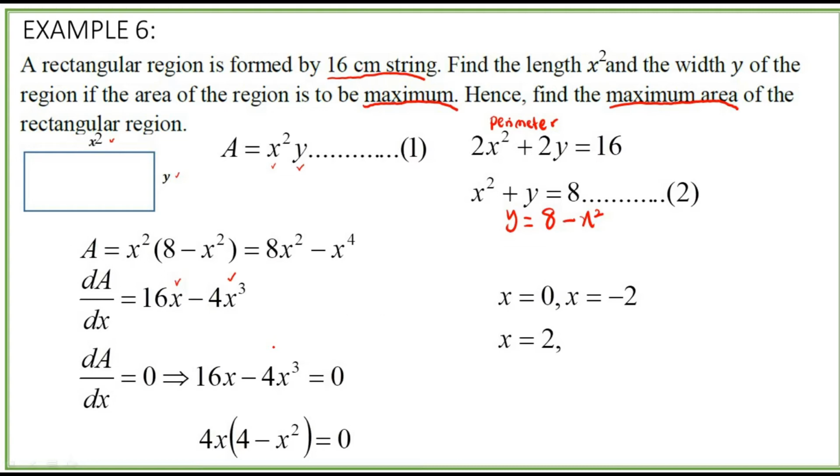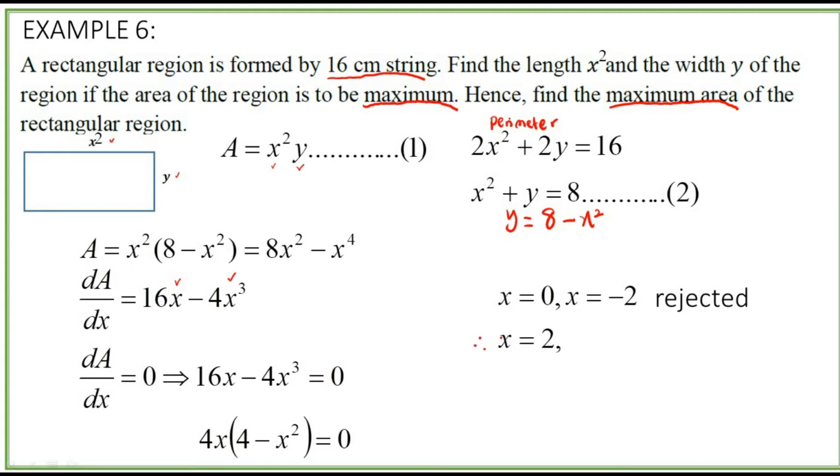Based on the situation, since x is basically a length, we have to reject some of the values. In this case, we have to reject x equal to 0 and x equal to negative 2 because these numbers are impossible as our dimension. Now we are only left with one value, which is x equal to 2.